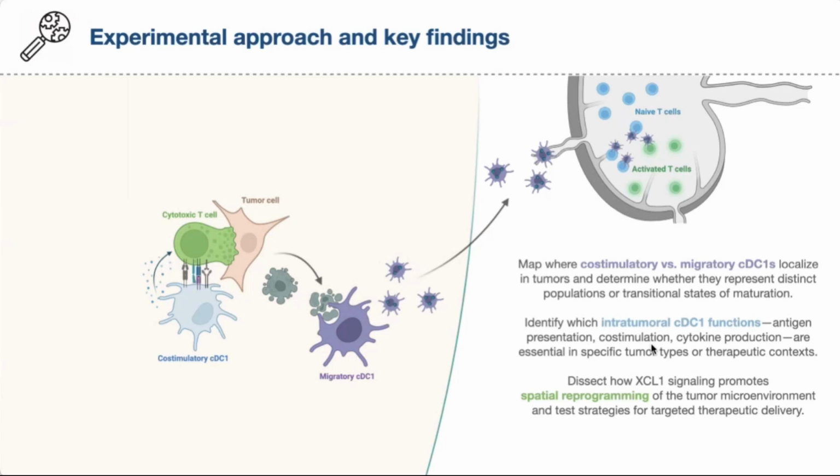Mapping where co-stimulatory versus migratory cDC1s localize in tumors to determine whether they represent distinct populations or transitional states of maturation. And identifying which intratumoral cDC1 functions, antigen presentation, co-stimulation, cytokine production, are essential in specific tumor types or specific therapeutic contexts.